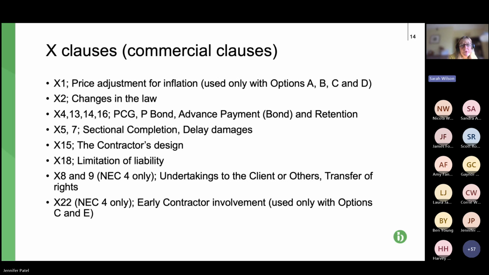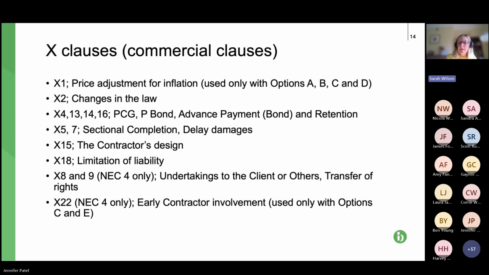X4, X13, X14 and X16 there are basically the extra security for the paying party: parent company guarantee, performance bond, advance payment bond, retention. X5 and X7 deal with sectional completion and delay damages.